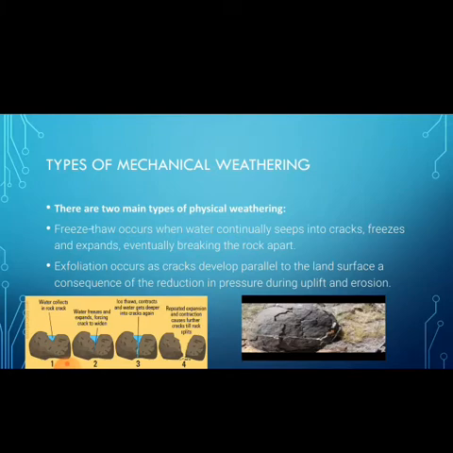When the temperature of that particular area goes below 0 degrees centigrade, the water gets converted into ice. Naturally, ice volume is higher than water. So, when ice is formed, it pushes the rocks, causes an extension of the cracks. So, further minute cracks are formed.